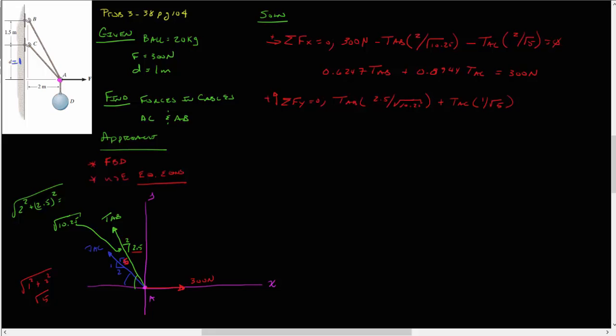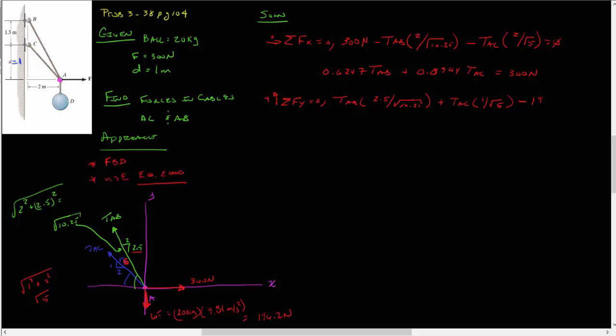So I get TAC times 1 over the square root of 5, and then minus the weight. So I have my weight here of the ball, which I forgot on my free body diagram, which is going to be 20 kilograms times 9.81 meters per second squared, which comes out to be 196.2 newtons.